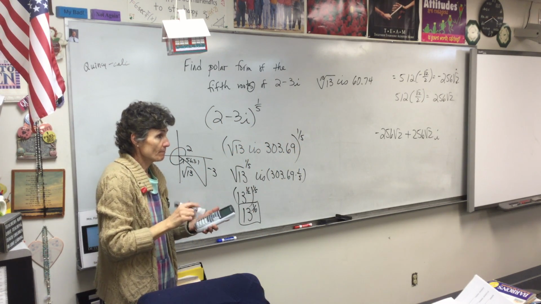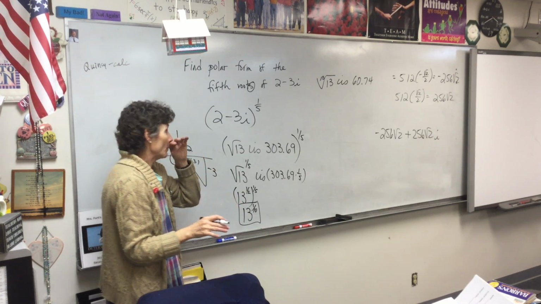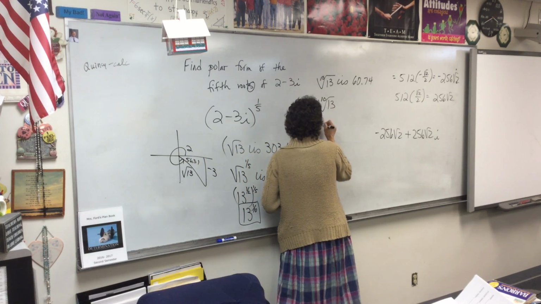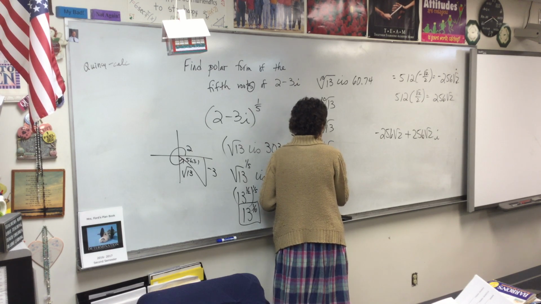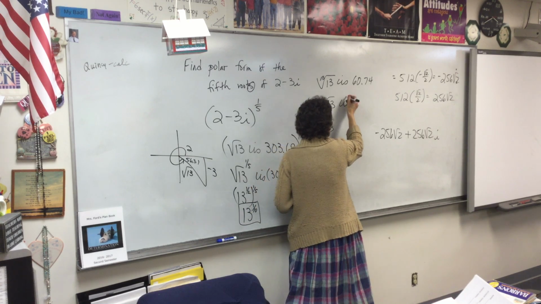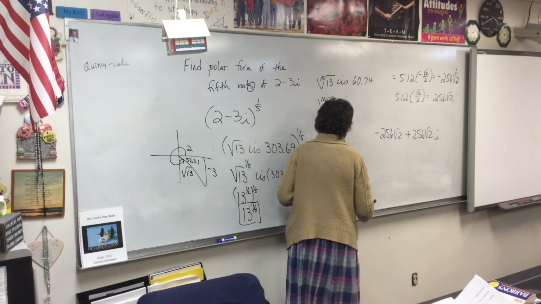Are you all right with that? All right, now we said that that's our first answer. All good. We said there were going to be 5 of them. They're all the same length, so they all have exactly the same radius. But now I need to find those angles.